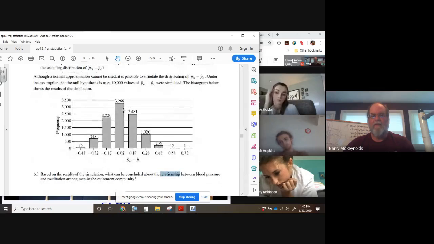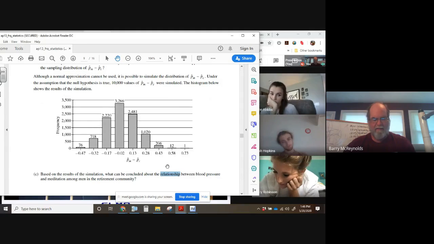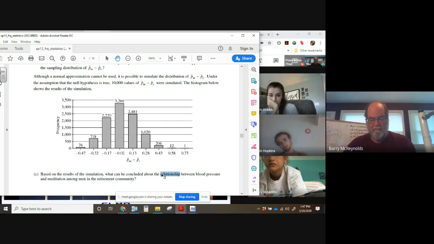But because this was not an experiment, the strongest thing we can say is there's an association between meditation and an absence of high blood pressure, or hypertension. I don't know if any of you are taking the medical terminology, but hypertension. But there's no cause and effect relationship.